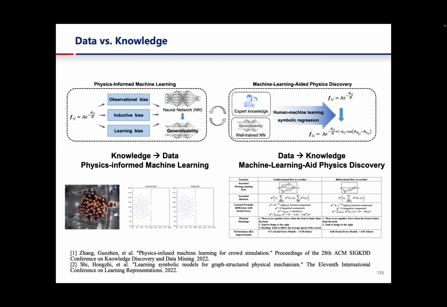And given the empirical data, we can also discover some new knowledge or new physical insight from the data that goes beyond the traditional theory. So maybe we can combine them together to get a more complete understanding of real-world systems.